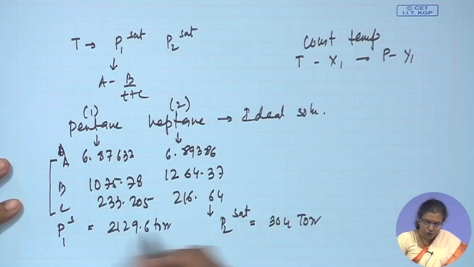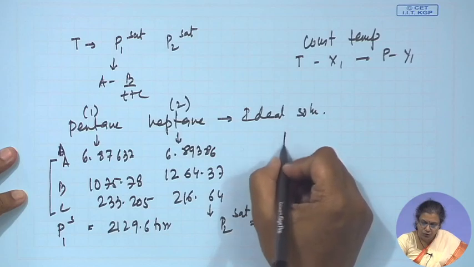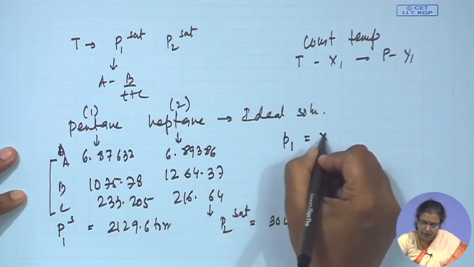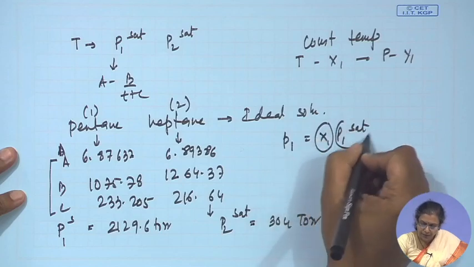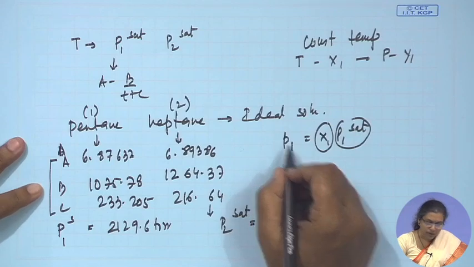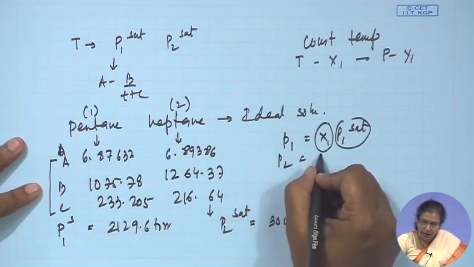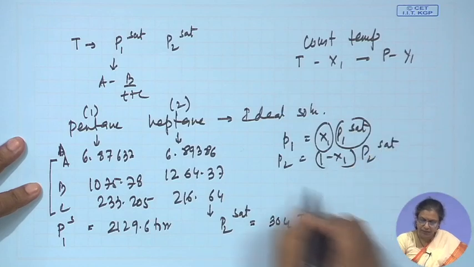So, the moment you know P1 saturated and P2 saturated, from Raoult's law what do you know? You know the partial pressure P1 is nothing but x1 P1 saturated. Assume an x1, you know P1 saturated, you can find out P1, right. You know P2, you can find it out as 1 minus x1 times P2 saturated, right. What else do you know?